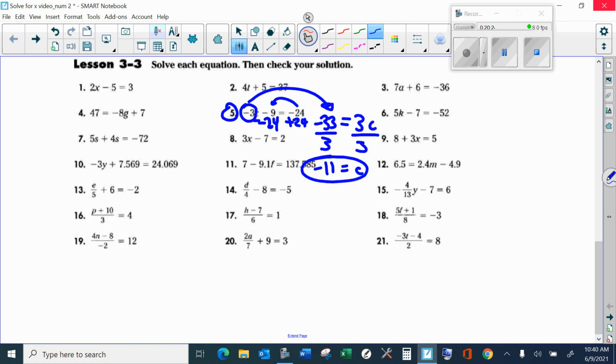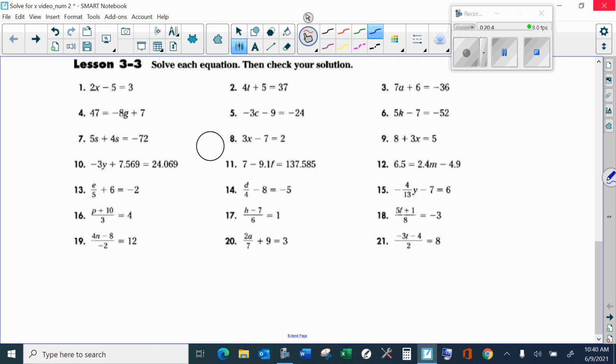We don't ever want to divide by negatives because that messes up more things along the way, or bring down negatives with our coefficients, as we would have had to do if we left the negative 3c on the left side and just added the 9 across. More chance for error. The goal is to lower your chances for error. Okay, so negative 11 is our answer.